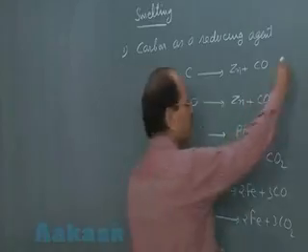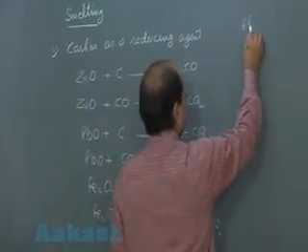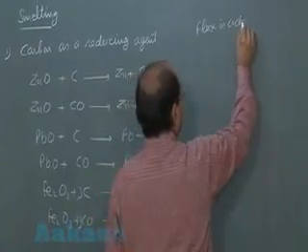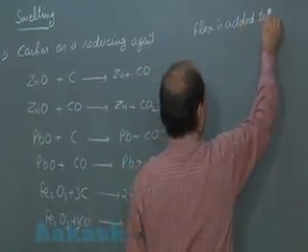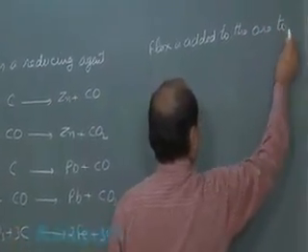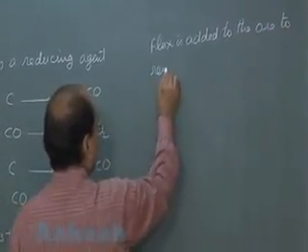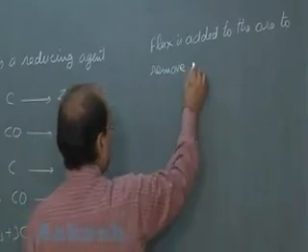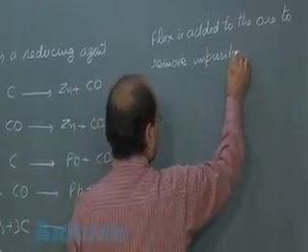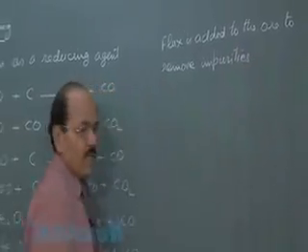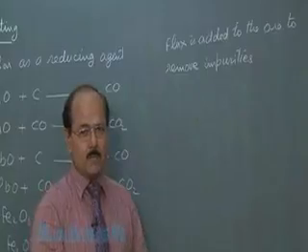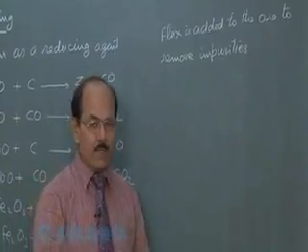So, flux is added to the ore to remove impurities. If the impurity is acidic in the form of silica, then the flux must be a base.